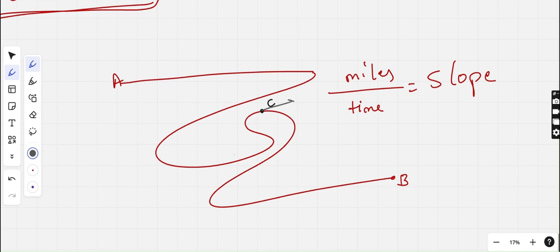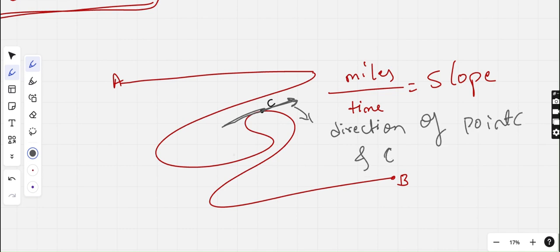Instead of taking a curve, if you leave it as it is, this is the direction untouched by you, and that is the instantaneous value at C. So this tangent will help you understand the direction at the point C, and the speed at that point.